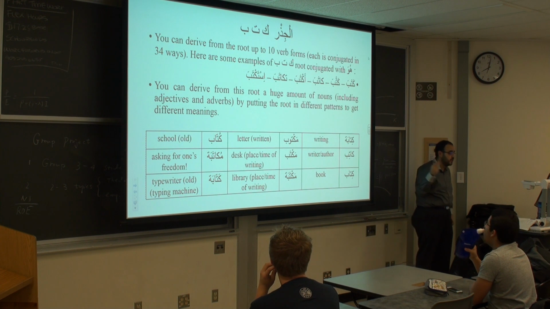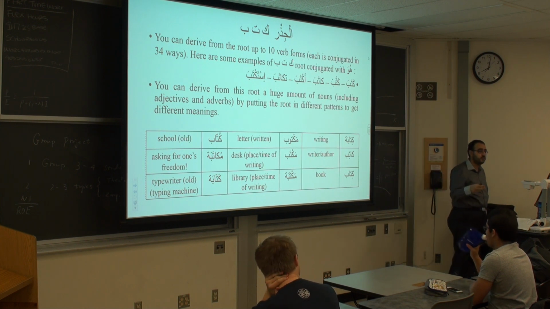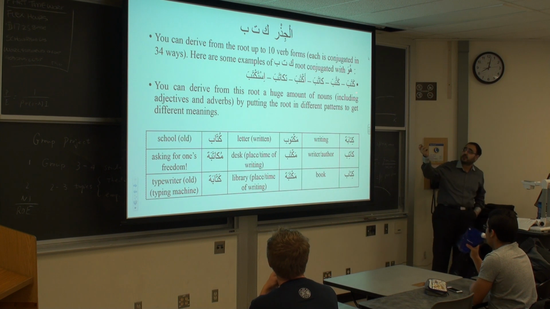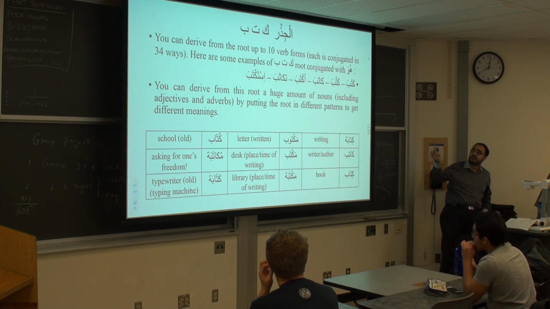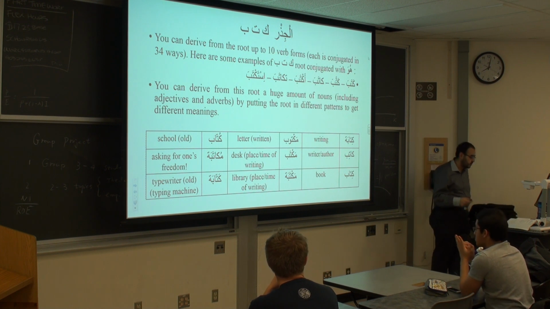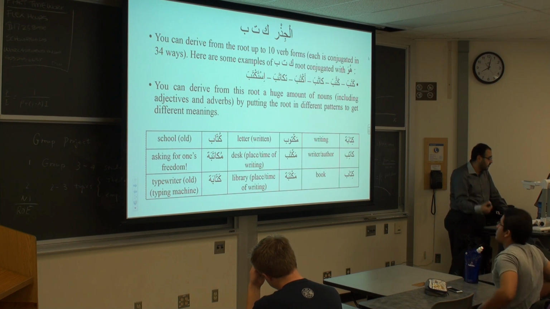Each one can be conjugated in 34 ways with different pronouns and tenses. So you can get 6 or 7 times 34, that's the number of verbs that you can derive from this root.